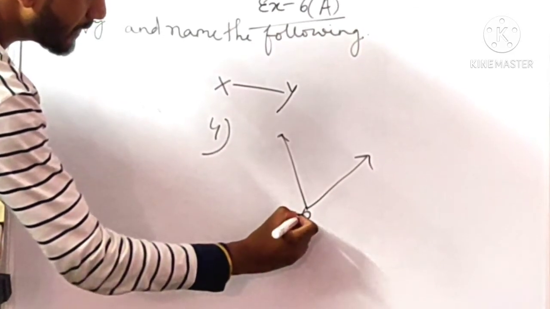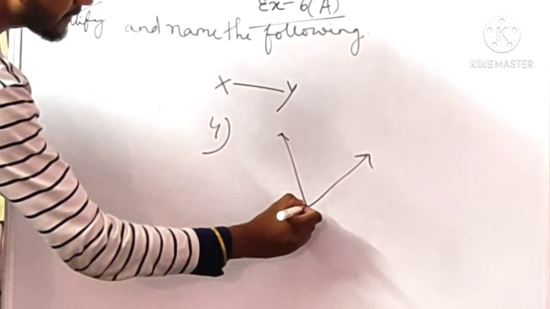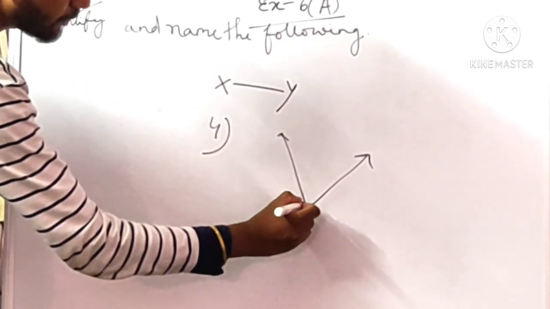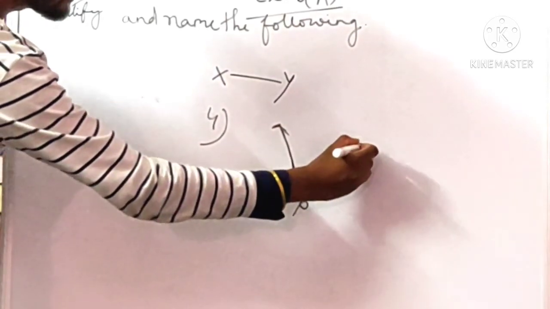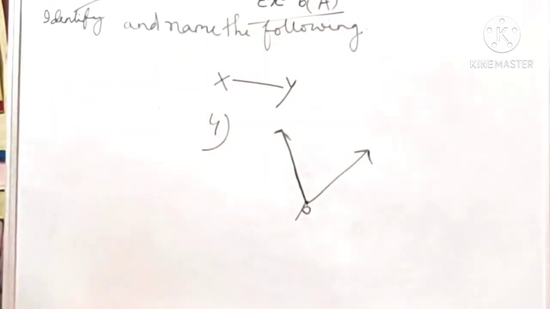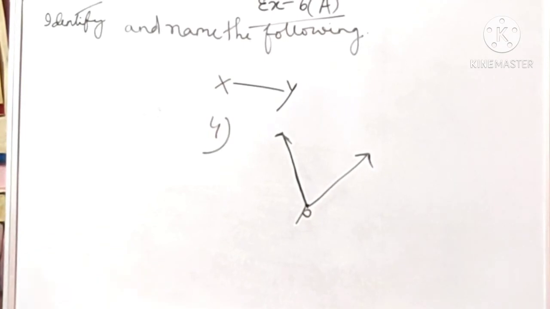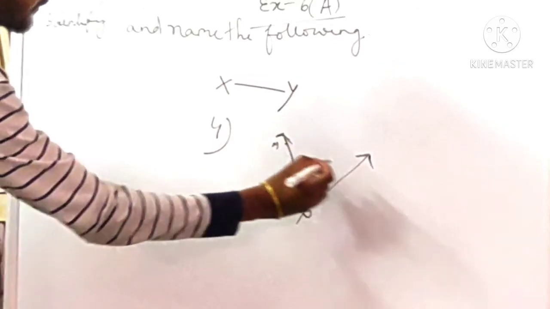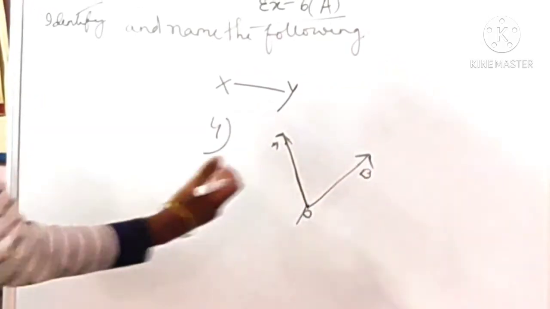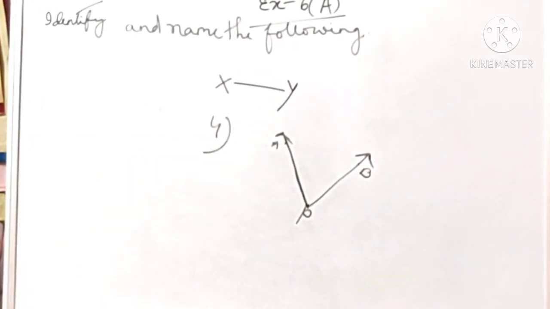Starting from the common point P, each has a starting point and one arrow; one arrow can be drawn here and another arrow here. So P is the common point here and you can draw like this. Okay, you can give any names there. Suppose you name this one A, this one B. So this is your answer. Question number 4's answer is this one.